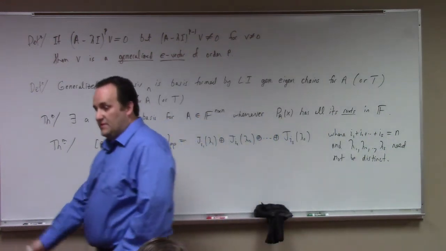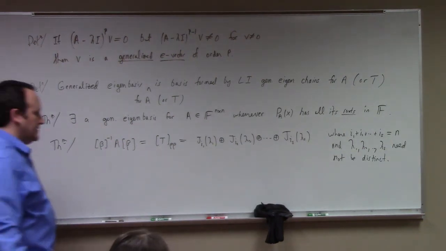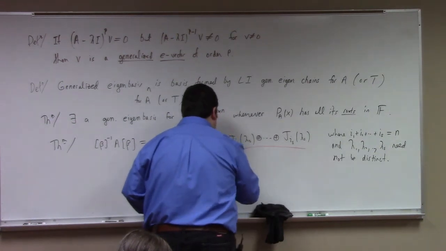But anyway, if you have all your eigenvalues, you can always find a generalized eigenbasis which puts the matrix into this very special form called the Jordan form.